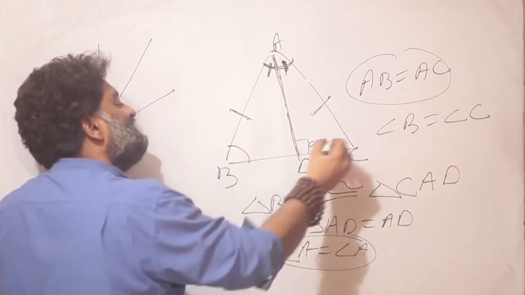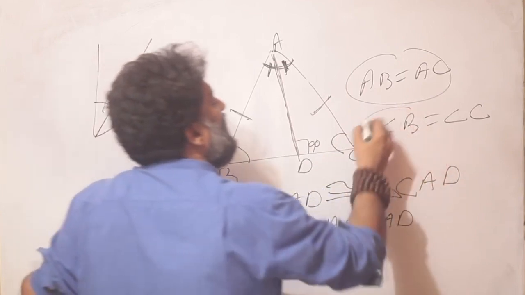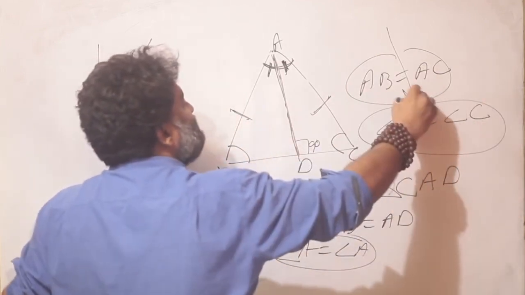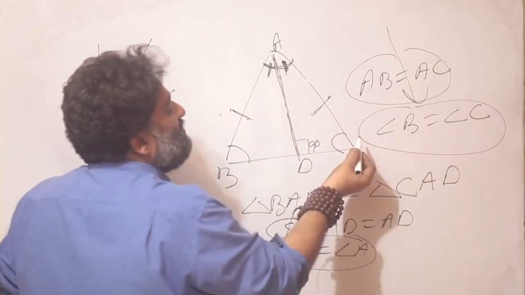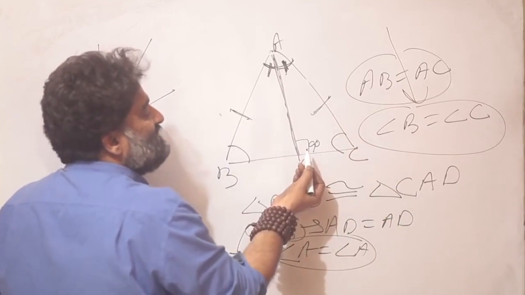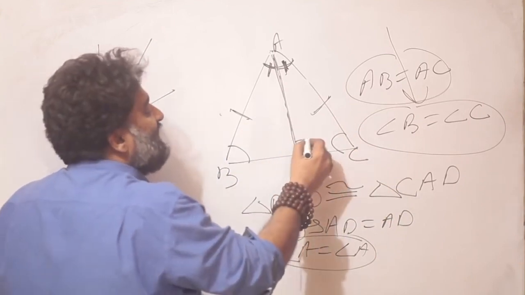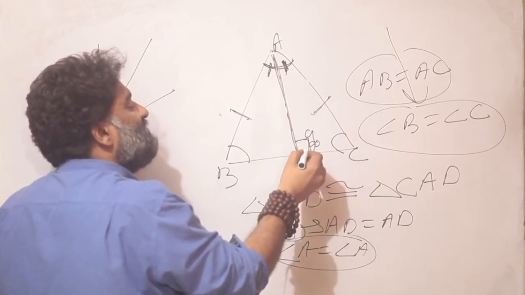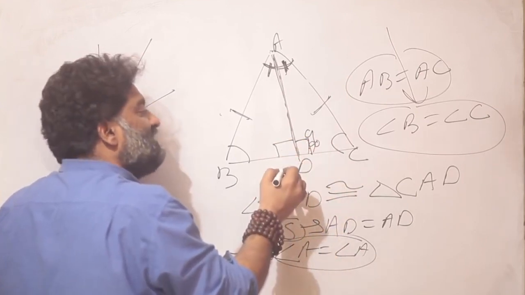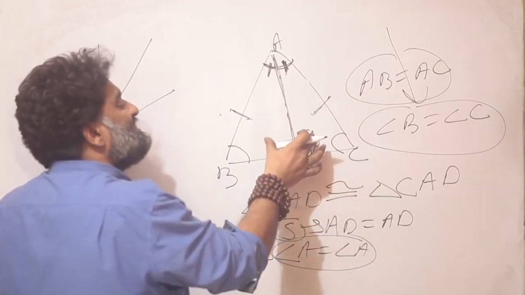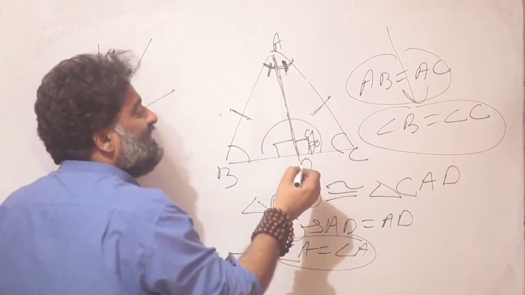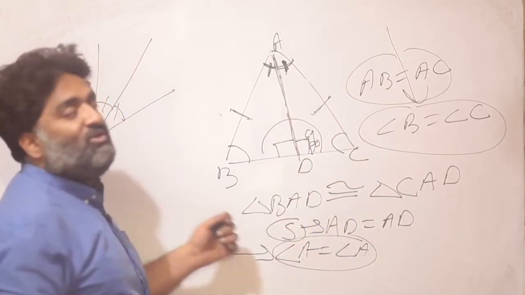That means once again this angle is going to be this angle, hence proven that in an isosceles triangle the angles opposite to the equal side are equal to each other, right? And once again I can also say this is 90 degree. Why? Because this angle is equal to this angle because of congruency, and the sum of these two angles is going to be 180 degree because of all the angles forming on a straight line.